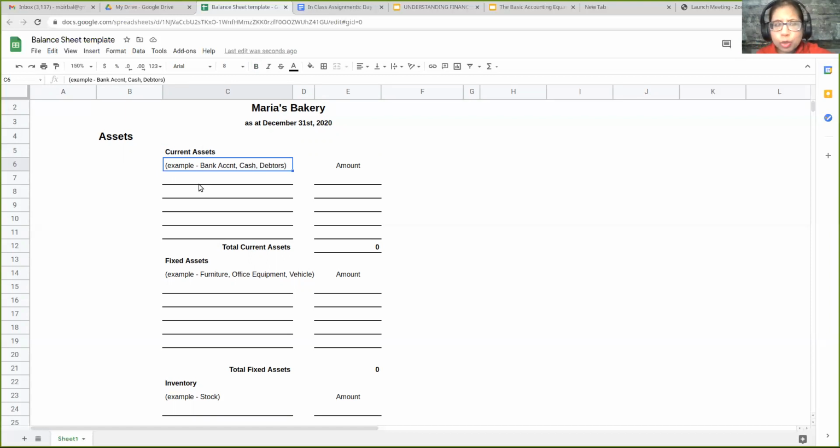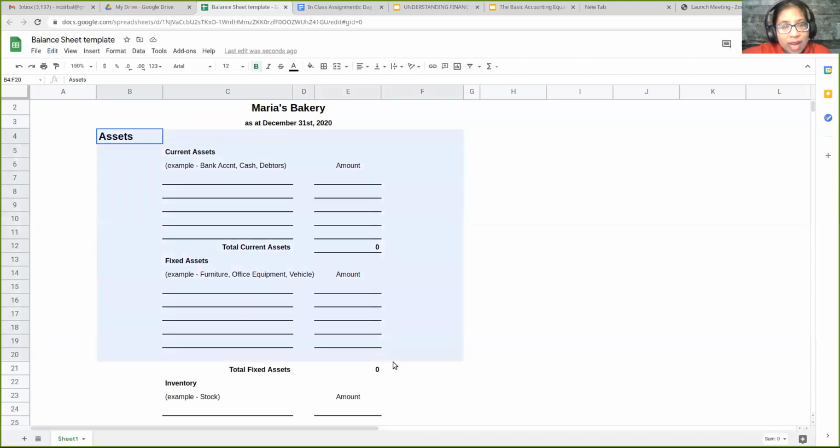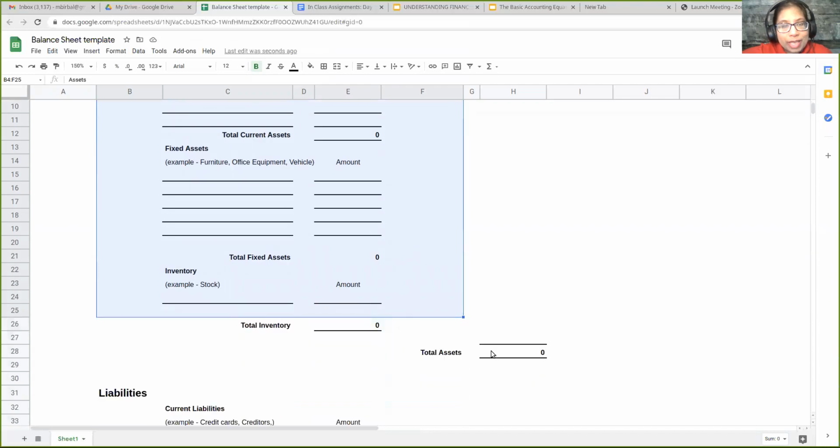And you can always go back to the previous video if you wanted to refresh your memory about the difference between the two or get some more examples. All right. So this section over here would be your assets section.